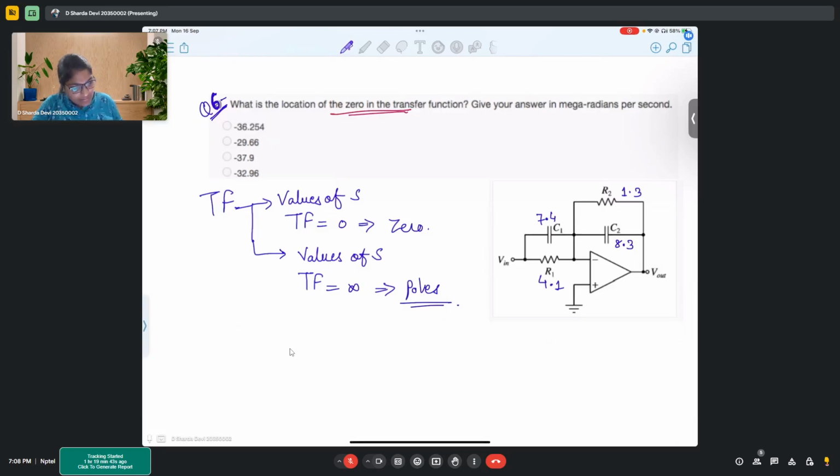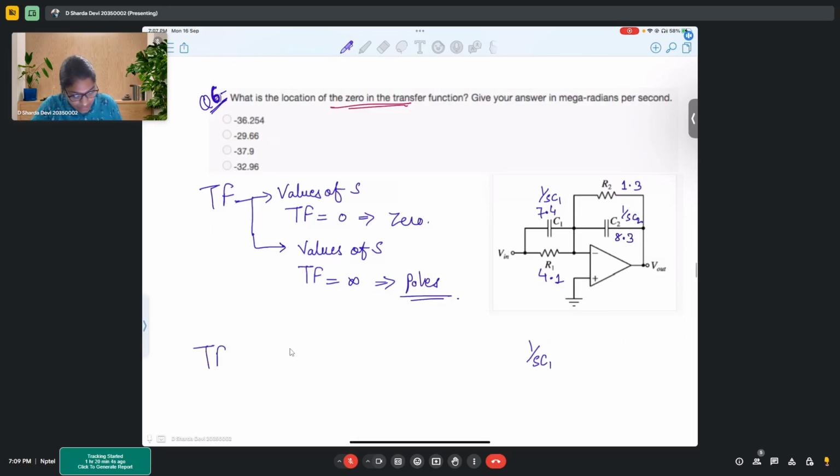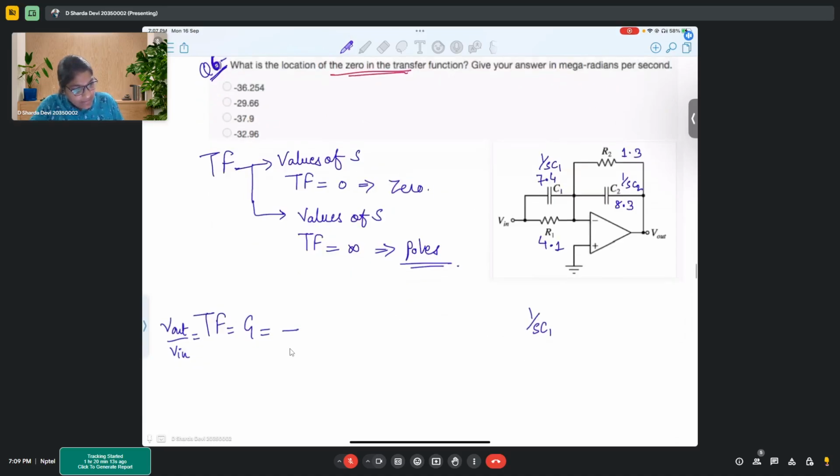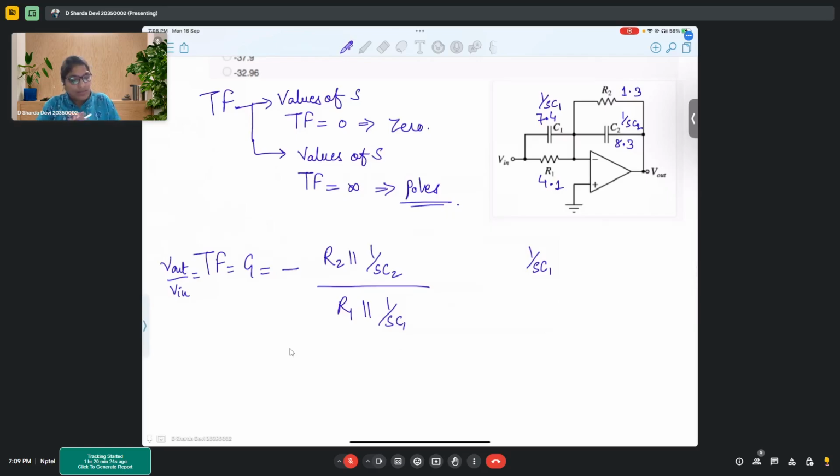So how I would write it is, when you take the transform of a capacitor it becomes 1 by SC1. So here it would be 1 by SC1, and here it would be 1 by SC2 in Laplace transform, and from there I'm writing the transfer function. So the transfer function or gain function, which is V out by Vn, would be minus Z2 by Z1. That is R2 parallel 1 upon SC2 by R1 parallel 1 upon SC1.